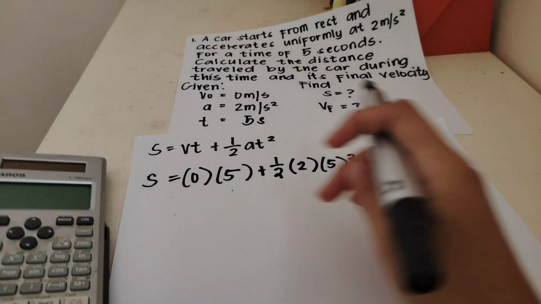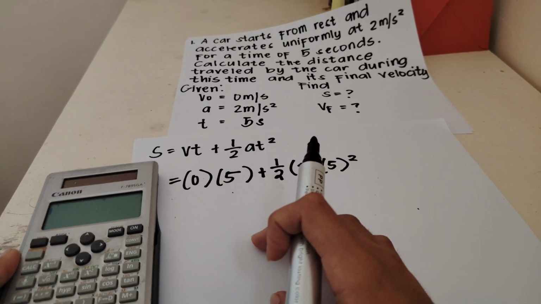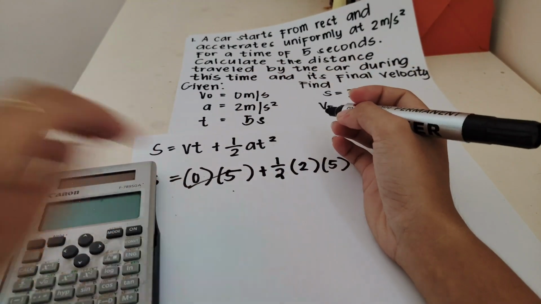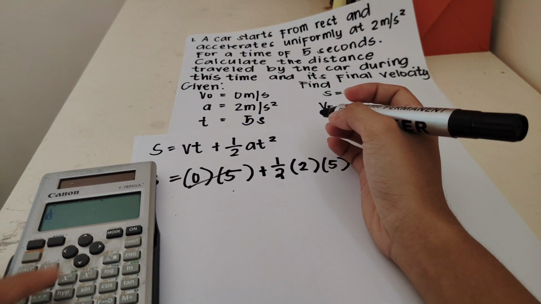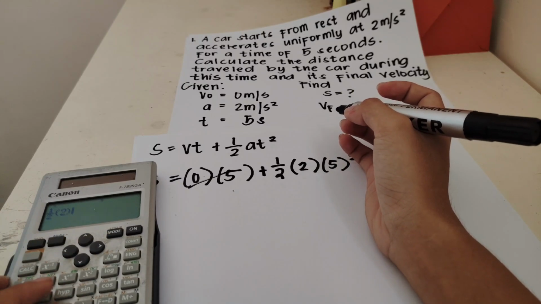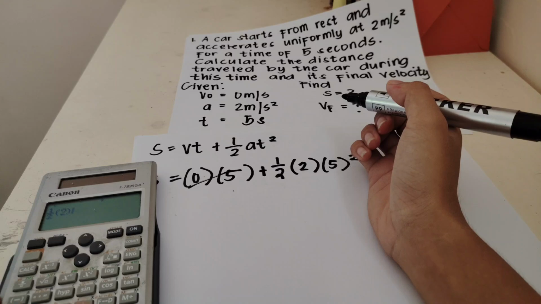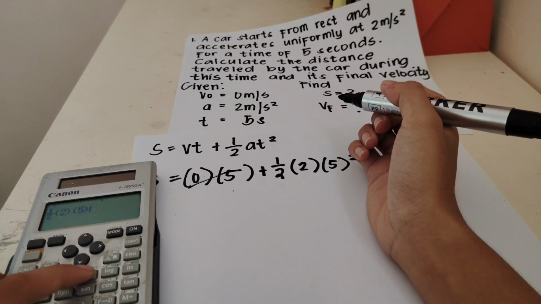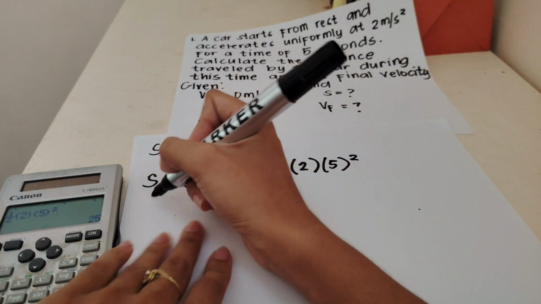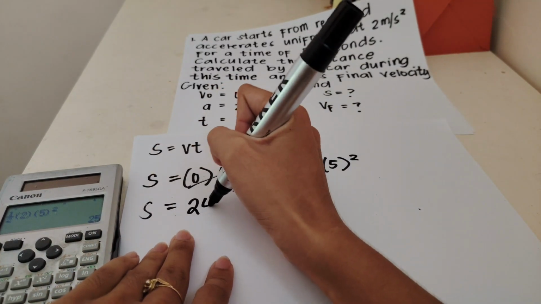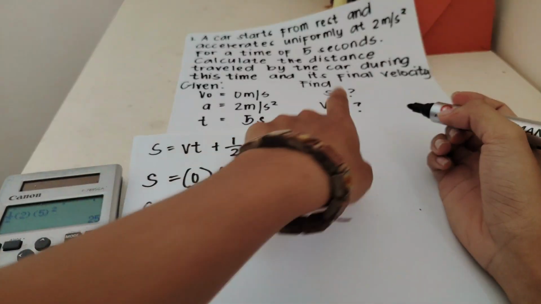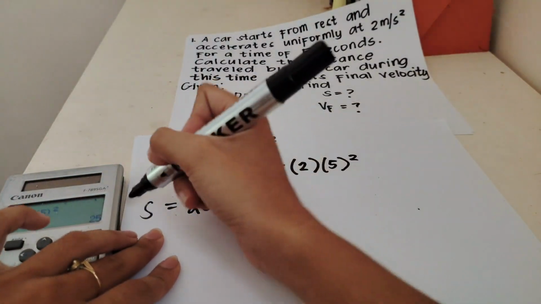So let's calculate. 0 times 5, we can cancel this out. So 1/2 times 2 times 5 squared gives us 25, a distance of 25 meters. And now we have the distance.